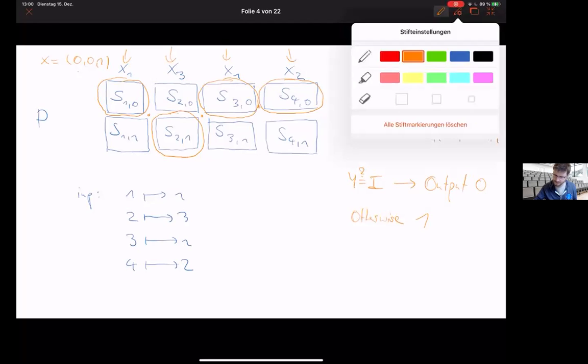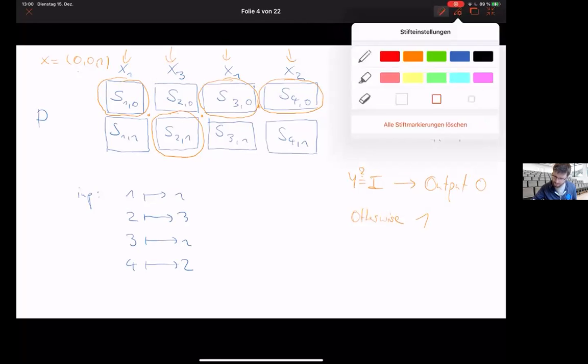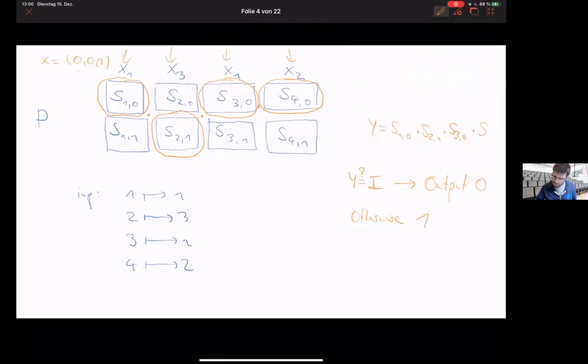Wait, there was a S40. Thanks. So someone saw the error, the typo, 4,0. Okay, good. That means people are paying attention. Great. Is there so far any question to this computational model of branching programs?